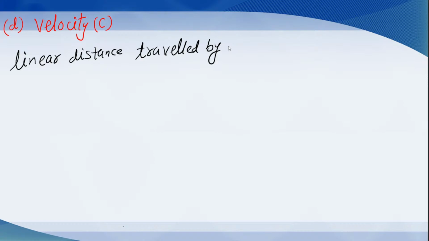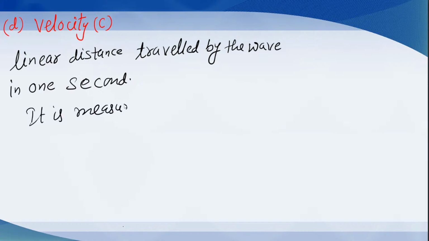Velocity of a wave is the linear distance traveled by the wave in 1 second, and it is measured in meter per second.